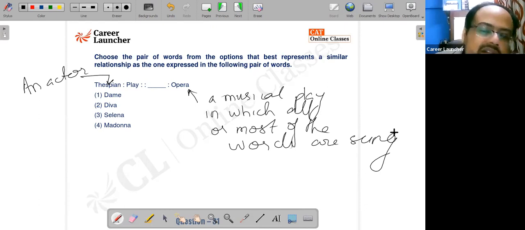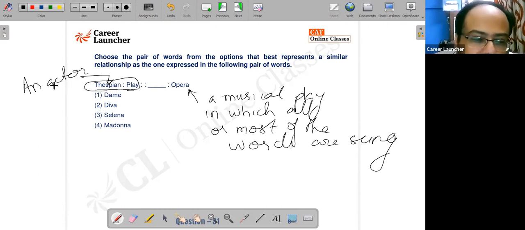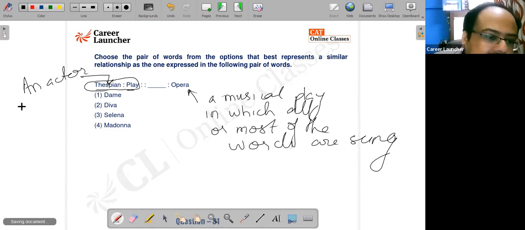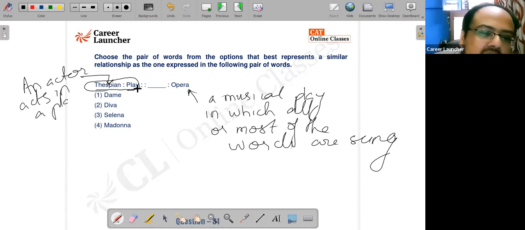Now if I look at the first pair of words, thespian is an actor. An actor acts in a play, because that is what happens in a play, people act.